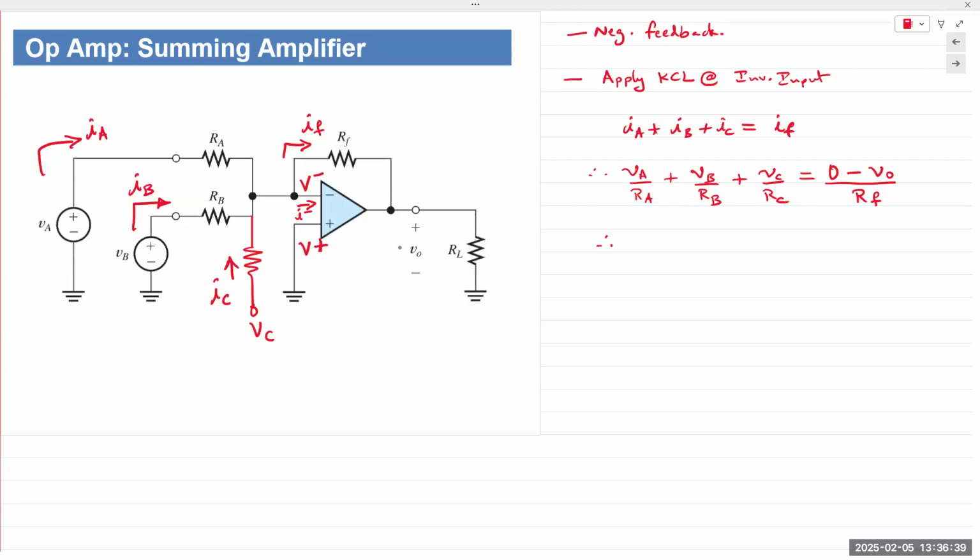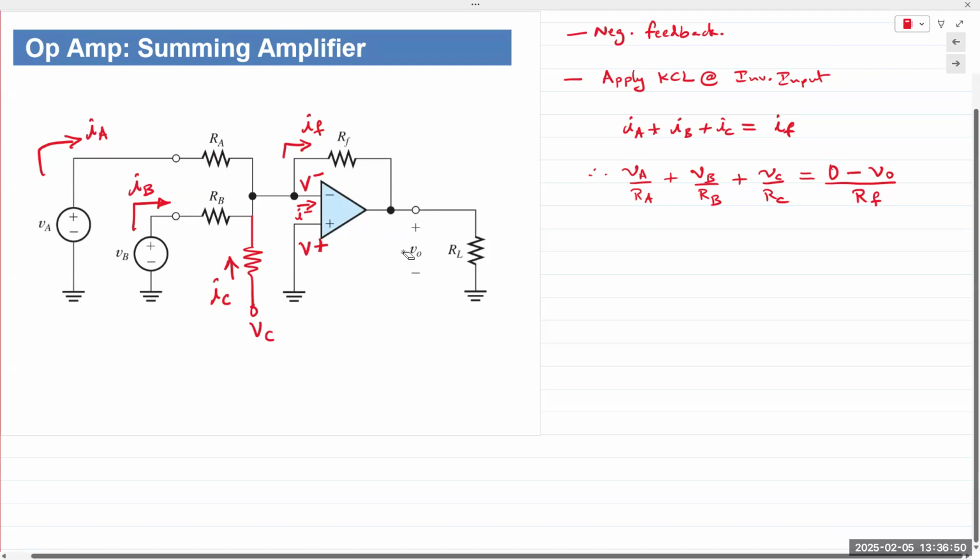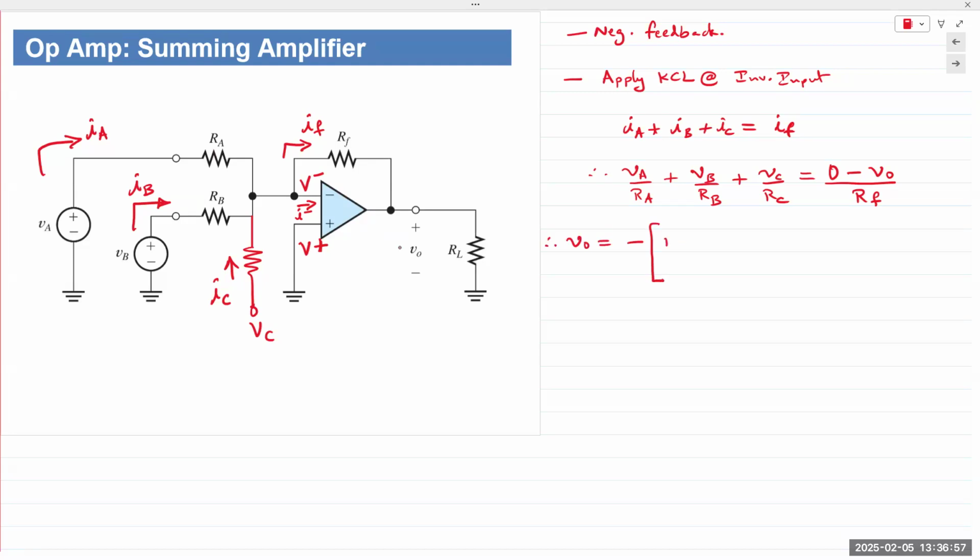Rearrange the terms, and we can obtain V out as minus RF over RA times VA, plus RF over RB times VB, plus RF over RC times VC.